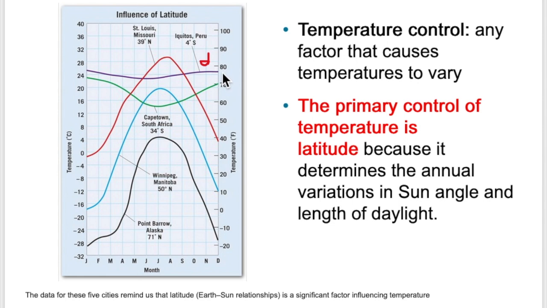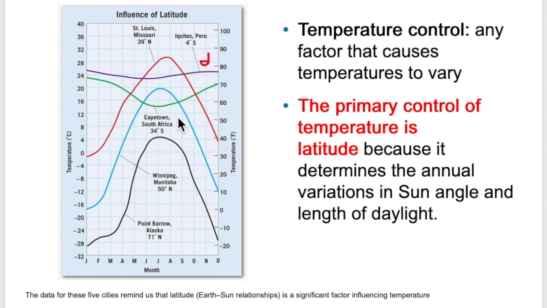And we could see with the purple line that in Peru, the mean temperature for each month is consistently below 80, so high 70s. And that's because the equator receives consistent sun rays and has consistent day length hours. For example, 12 hours day, 12 hours night.